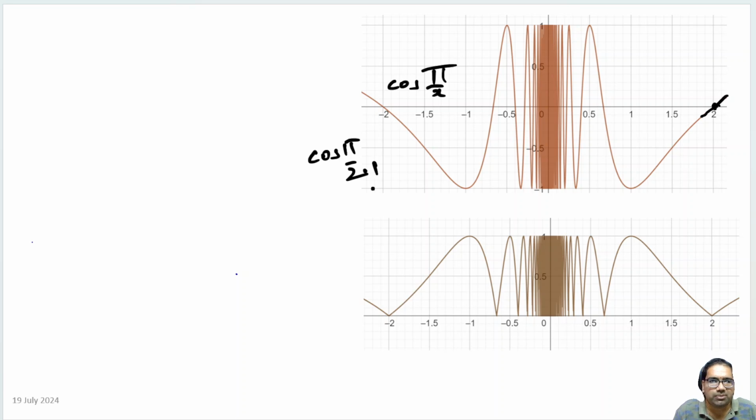Cos(π/2.1) is positive, because π/2.1 is lesser than π/2. So this graph will look something like this.